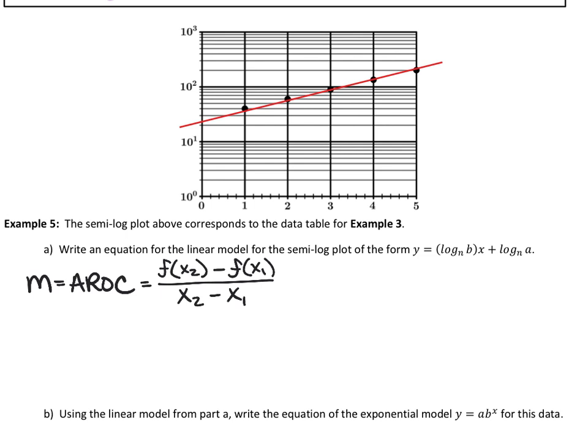So we can read our graph to find these things. Let's let x2 be the value 2 and x1 be the value 1. So I am looking at this x value and this x value. I want the output at those two inputs. What is the output when the x value is 1?